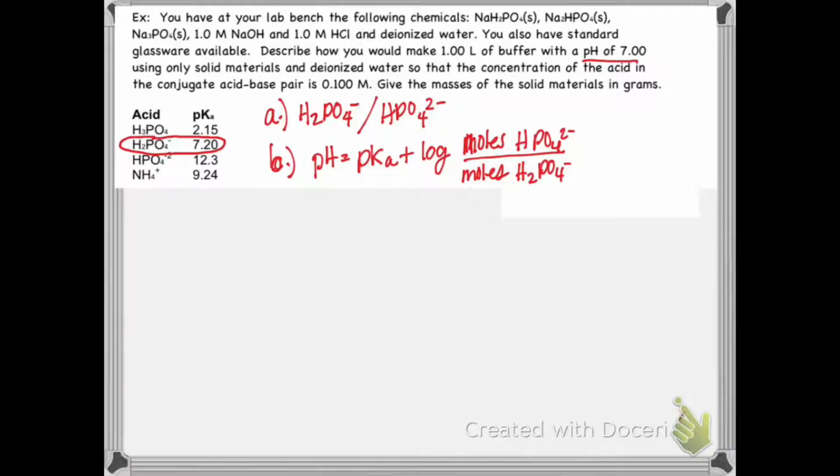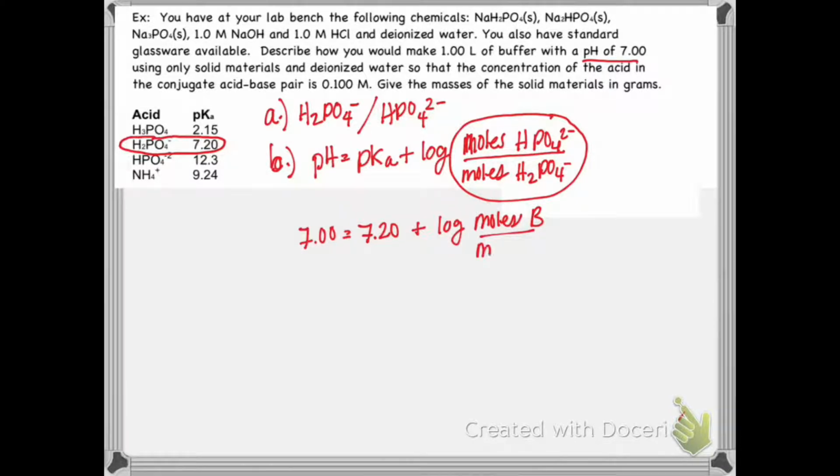So we're going to plug in then our desired pH, which is 7, and our pKa, which is 7.20, and solve for that mole ratio to see what mole ratio we want to make this buffer. And then we'll go over 3 different ways to make it with the given components or given materials. So I'm just going to use moles of base over moles of acid shorthand.